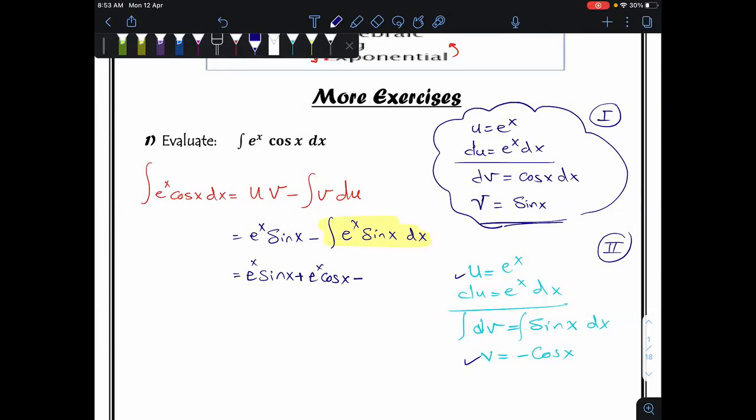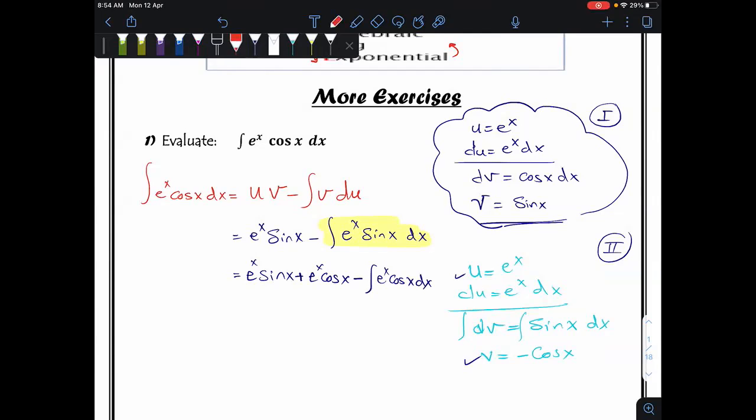So again it's a negative, the integral of e to the power of x cosine x dx.